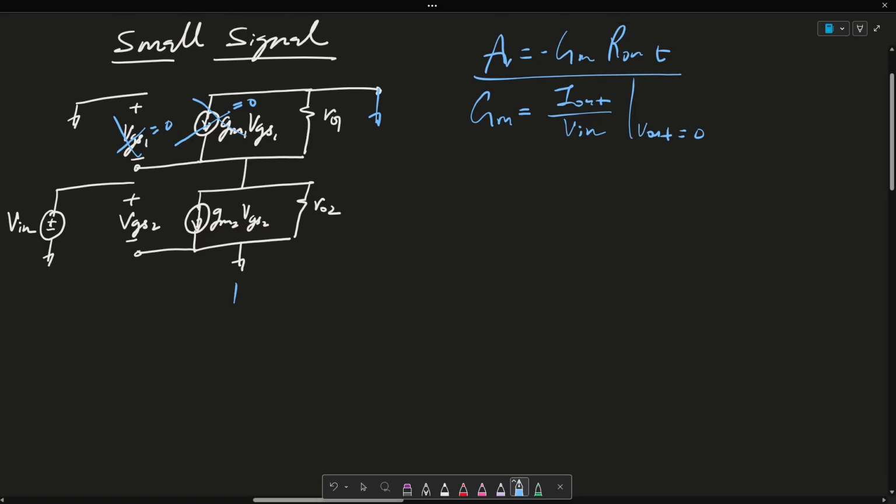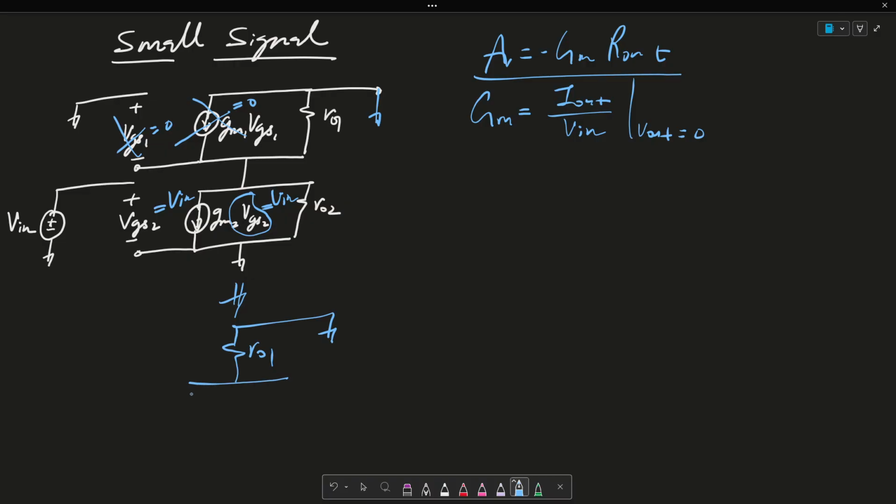Then I am going to redraw my circuit with the idea that VGS2 is essentially Vin. So this term here is also Vin. So let me redraw my circuit as this is a ground, this is RO1, and then I have this voltage controlled current source.